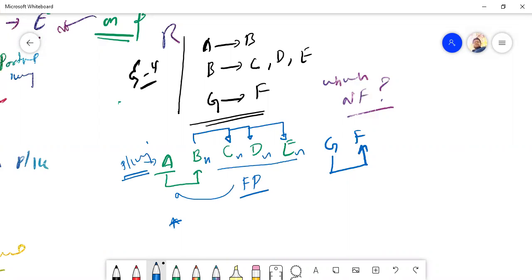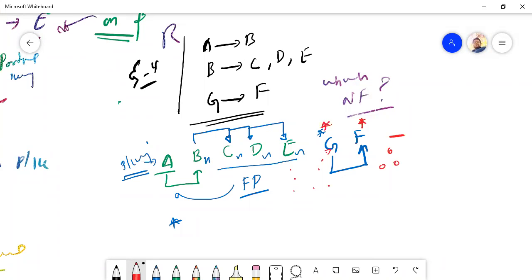What about this G and this F? You can't find any connection between this one. If you find A, B, C, D, E like this, we can have the connection. But here F is depending on G, and G is not depending on anything.